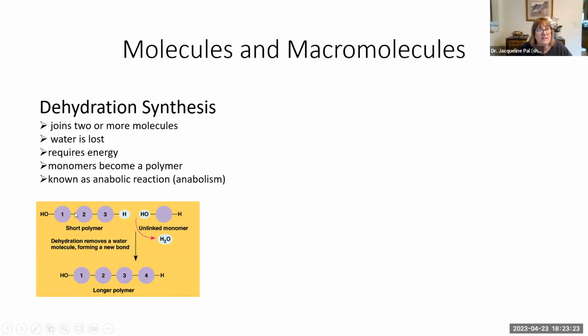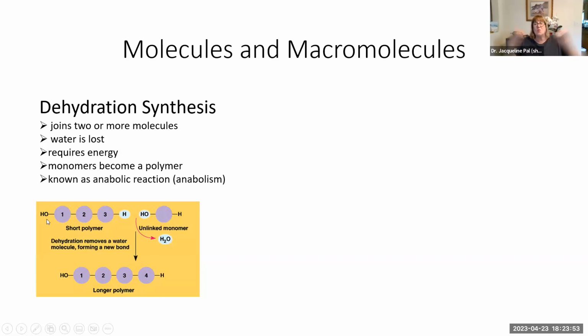So in dehydration synthesis, you're going to take 2 monomers, dimers, polymers, whatever, and join them together to make something that is bigger, maybe a longer polymer, maybe a macromolecule, and we are going to lose water. The way we lose water is that on each of these monomers and polymers, there's a hydrogen ion on one side and a hydroxyl on the other side.